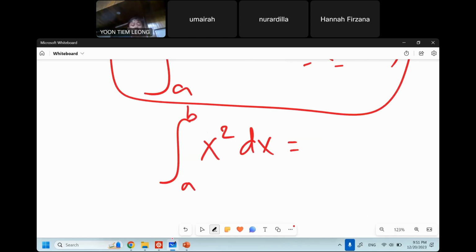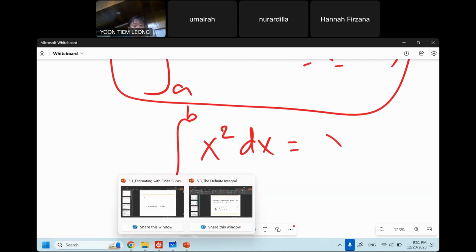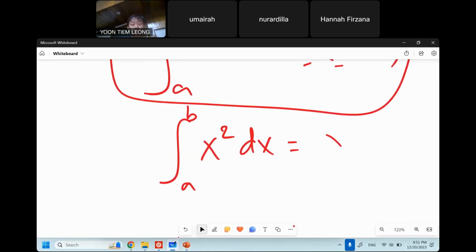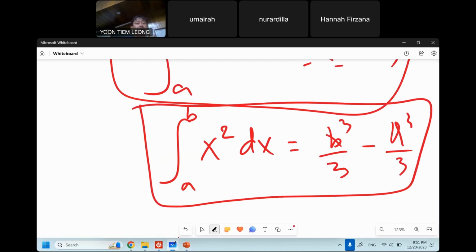That gives you a value equal to b cubed over 3 minus a cubed over 3. So this is again another result that is given to you.